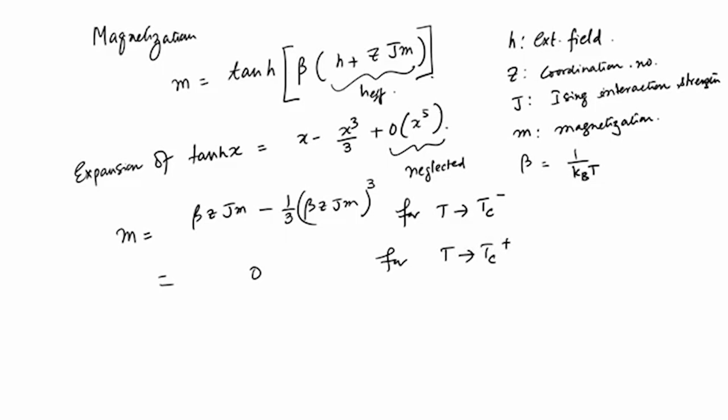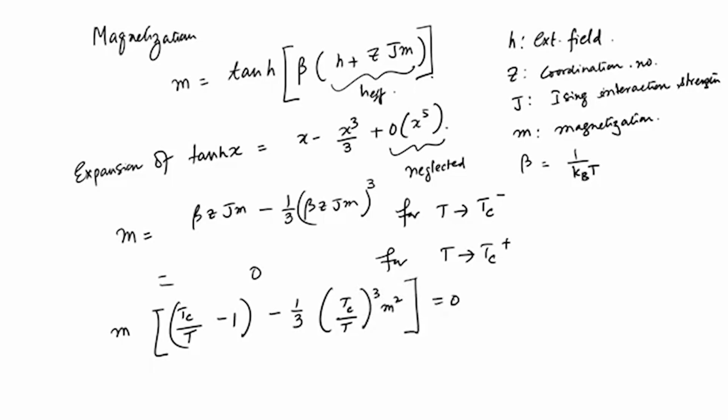Then we have actually calculated this m. If you gather everything on m on one side, then what you get is Tc over T minus 1, minus 1/3 Tc over T whole cube m square, and this is equal to 0.